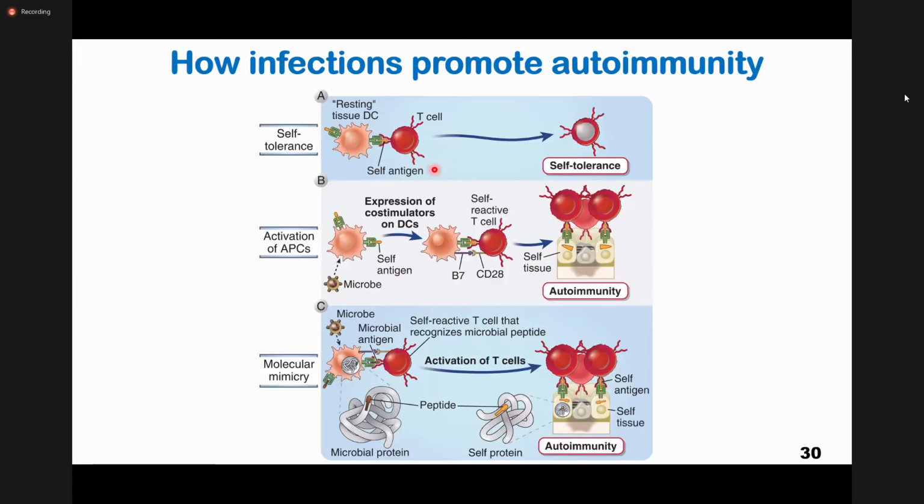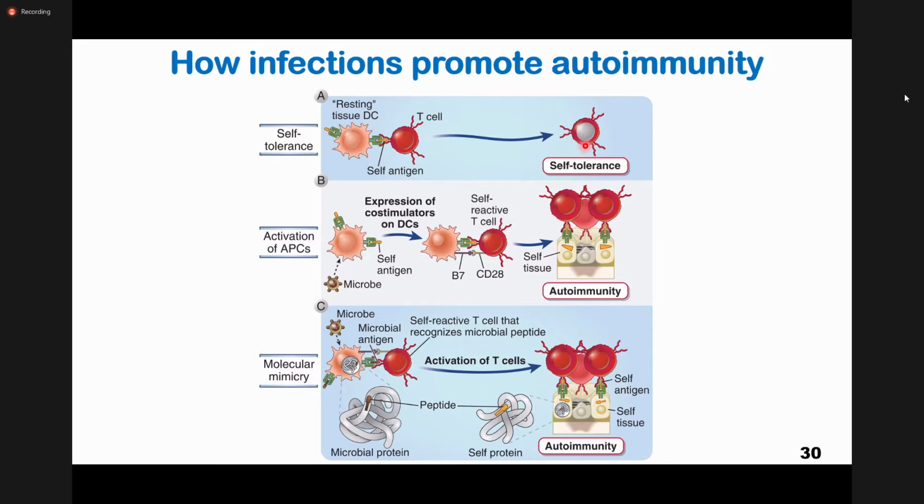When we talk about infection, like I told you earlier about molecular mimicry, first understand how our immune cells tolerate. This could be an antigen, for example here. T cells will have tolerance in some way, which can be deletion, anergy, or regulatory T cells.